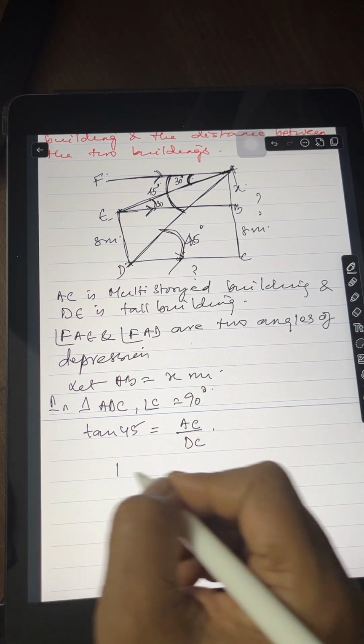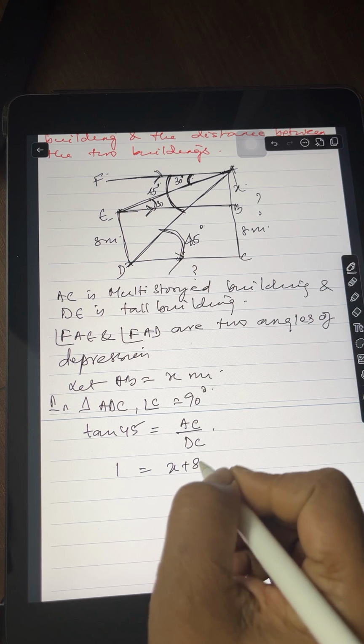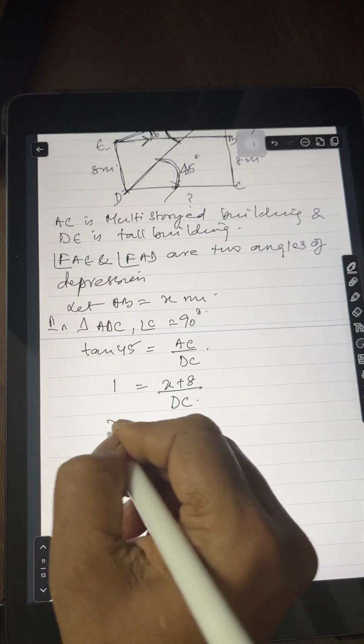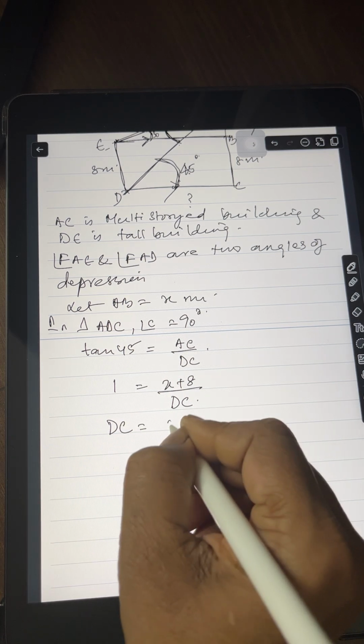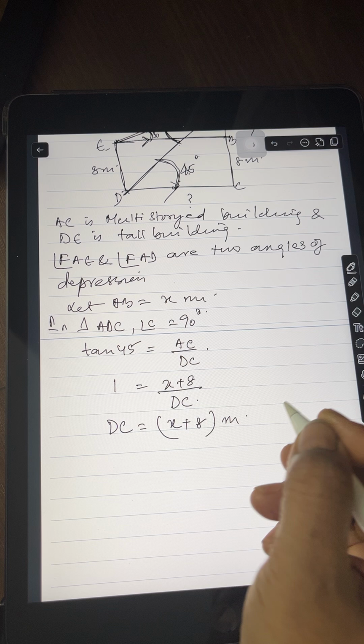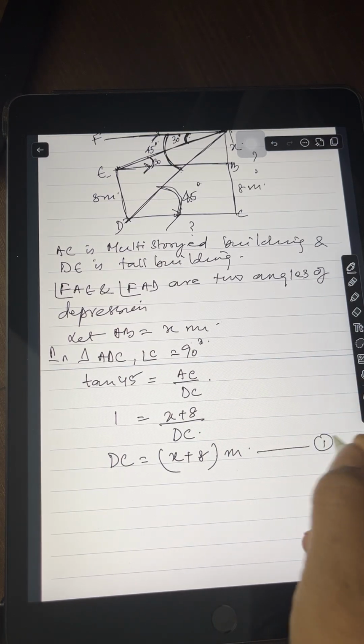What is tan 45? It is 1. AC is x plus 8, so DC is equal to x plus 8 meter. Clear till here? Okay, take this as 1.